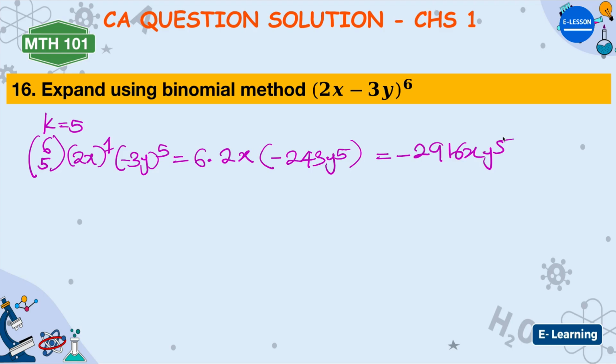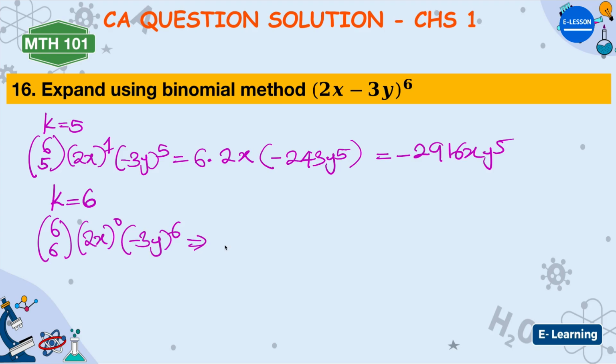All right, and then the last one is when k is equal to 6. That one is 6 combination 6, 2x to the power of 0, because it's going to be 6 minus 6, which is 0, minus 3y to the power of 6, my dear students, which is going to give us what? What do you think the answer will now be? 6 combination 6 will give us 1.